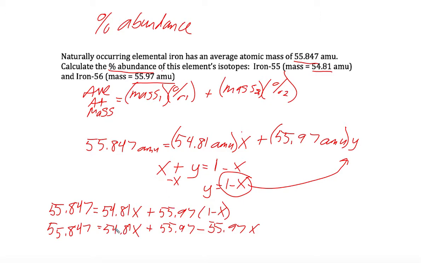If I take 54.81 minus 55.97, I should come to an answer of negative 1.16 x on this side. And if I take 55.847 minus 55.97, on the other side I should get negative 0.123.